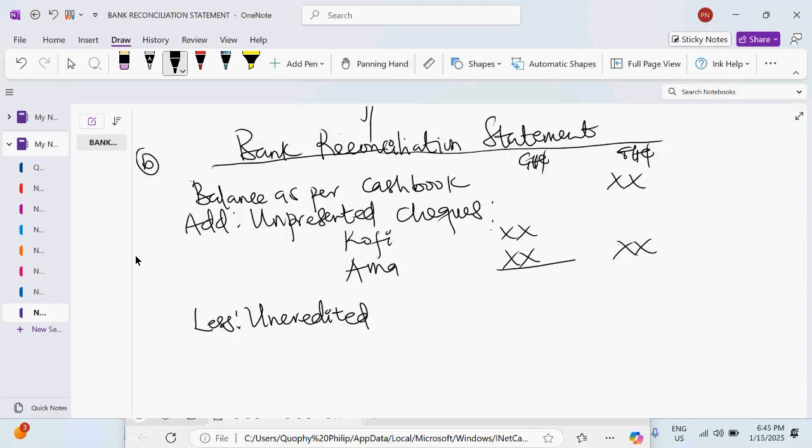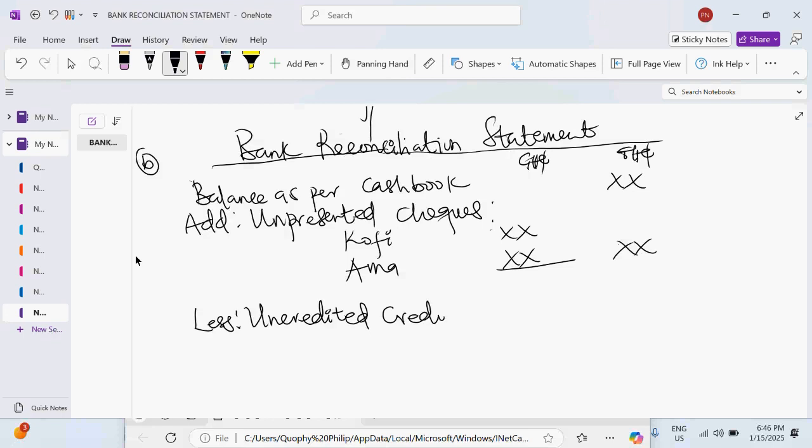They have not presented it to the what? To the bank for payment. So it's like those suppliers whom the business is owing, they have the checks with them, but they've not presented the checks to the bank to cash out the money. So that is what is known as unpresented checks.